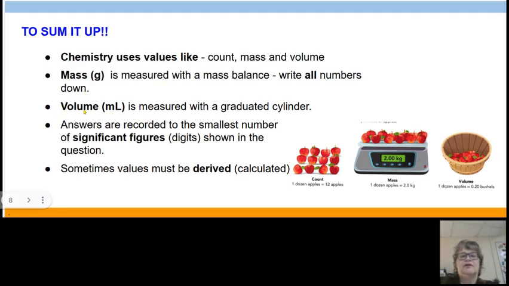Volume of a liquid is in milliliters and is measured with a graduated cylinder. Answers are recorded to the smallest number of significant figures. Remember, that's the number of digits that are in the number shown in the question. And then sometimes values have to be derived or calculated.